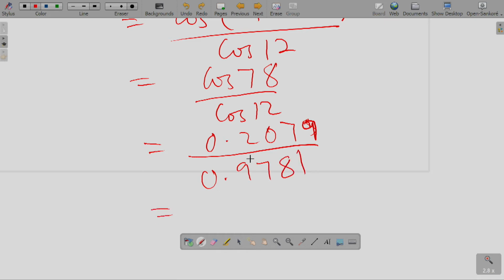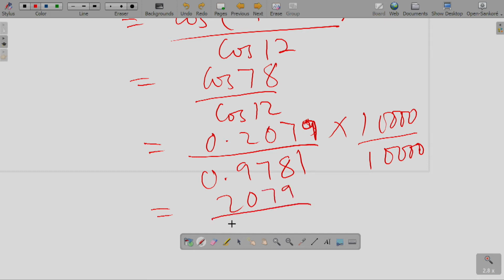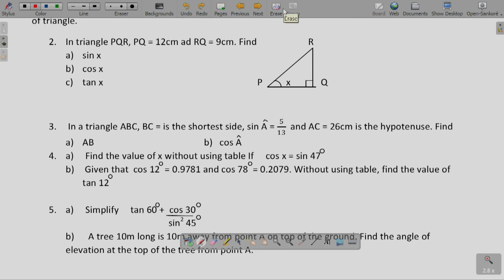So therefore tan 12 is equal to, let's multiply by 10,000 to remove the decimal. So here you get 2079, and here you get 9781, and this is the value of tan 12. Let's move to our last question for today.